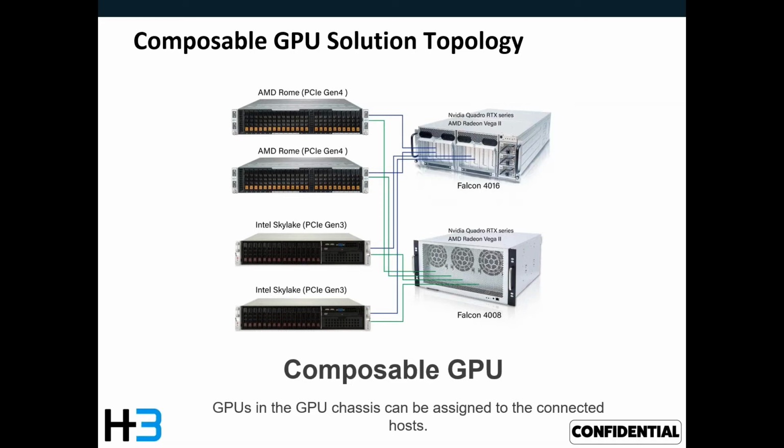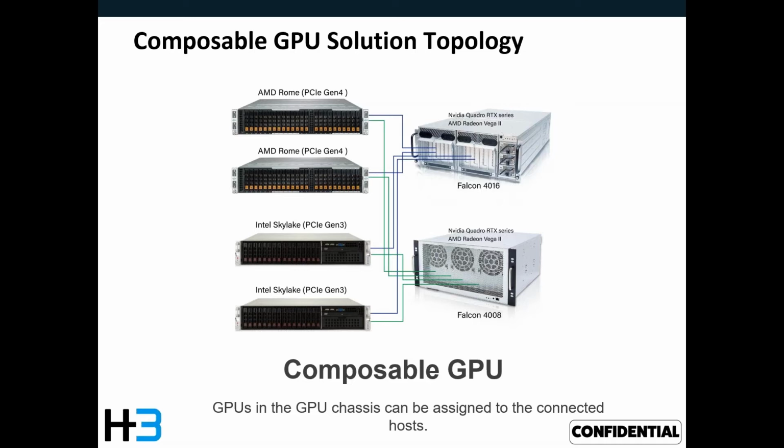And the GPUs inside the GPU resource pool can be dynamically provisioned to any connected host servers online. For example, when the first server needs 8 GPUs, 8 GPUs in the resource pool can be assigned to the first server. And when the first server later on only needs 4 GPUs, 4 GPUs out of 8 can then be released back to the GPU pool for other connected servers.